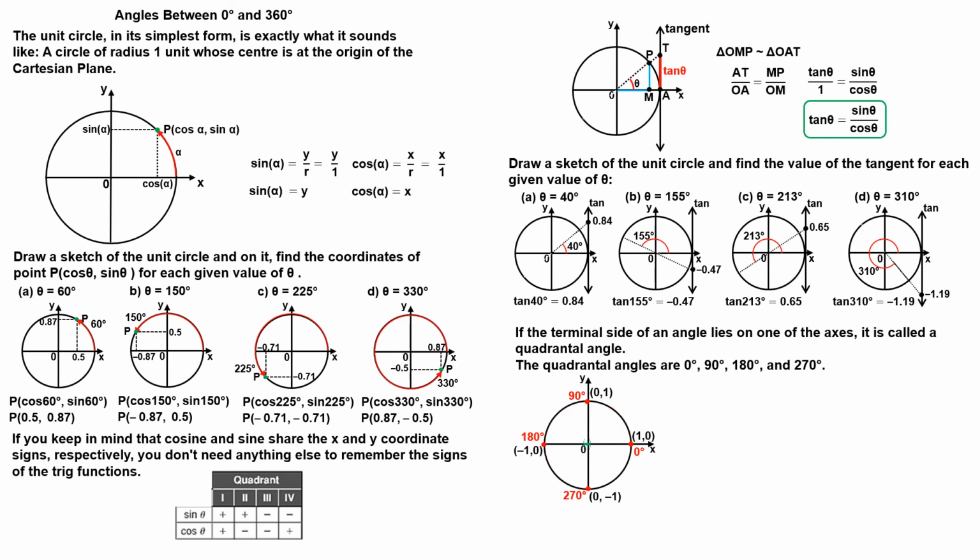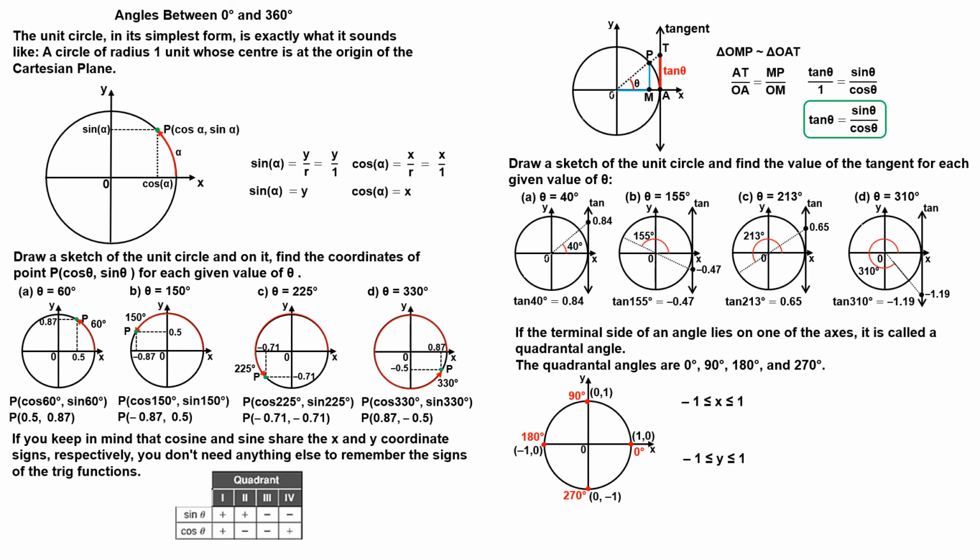We can see that the maximum value of x is 1 and the minimum value of x is -1. And this is also true of the values of y. The maximum value of y is 1 and the minimum value of y is -1. With regard to the sine and cosine values, the unit circle illustrates the following.